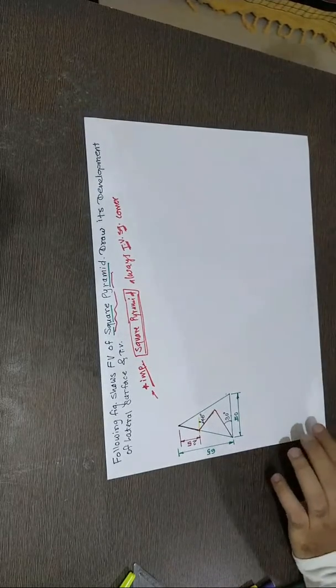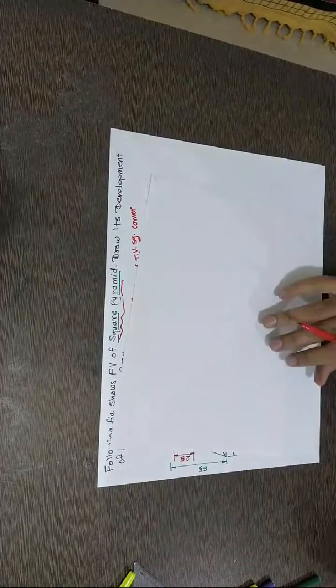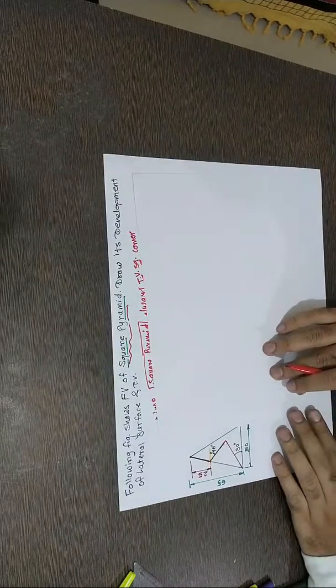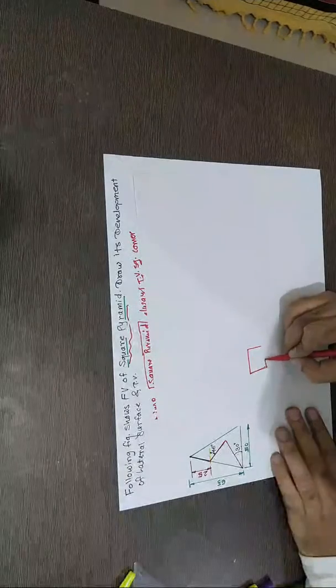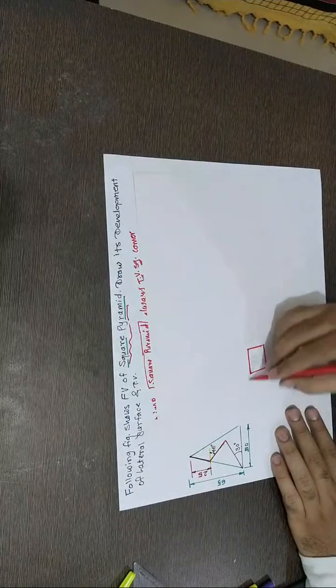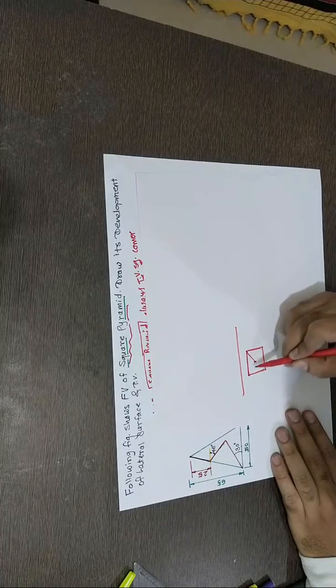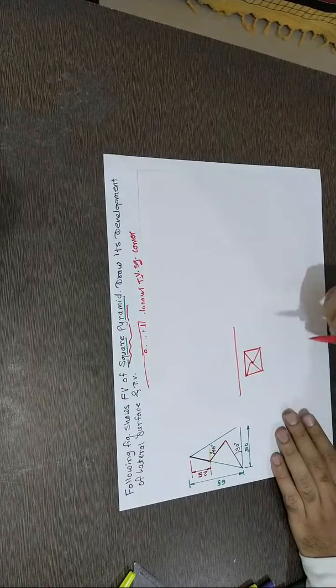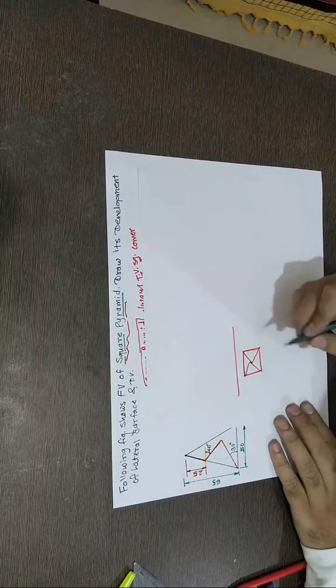I'll make it clear with a rough diagram. There are two possible cases you can draw. One is a square like this, which is most common, and here you make a mistake. The simpler one you draw, the more tricky things become, only for the square pyramid. Remember, I'm talking only about the square pyramid, not any other.